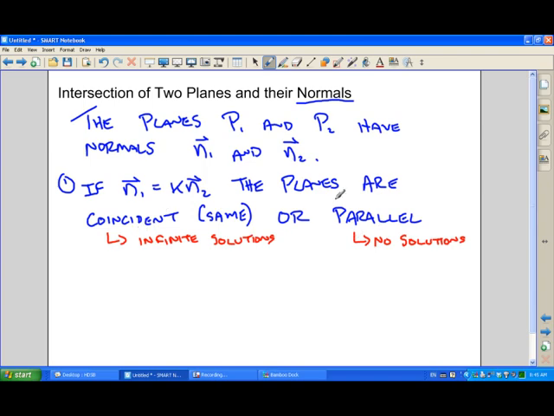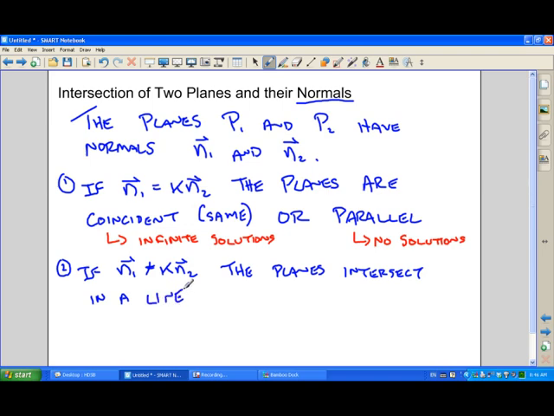If the constant value is different, they're parallel. If we look at the normals, and the normals are not equal to each other, then the planes have to intersect in a single line.